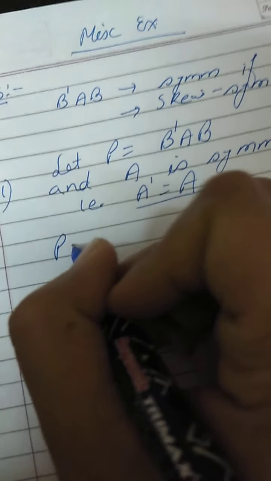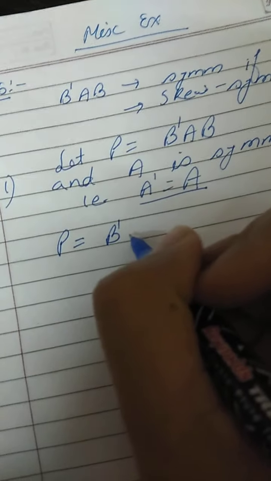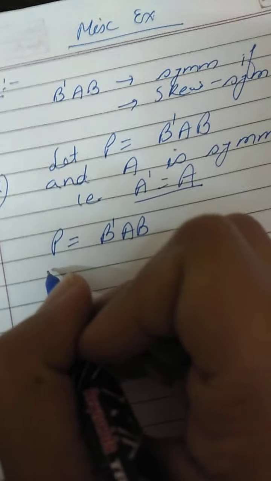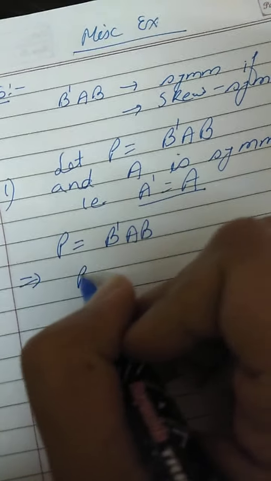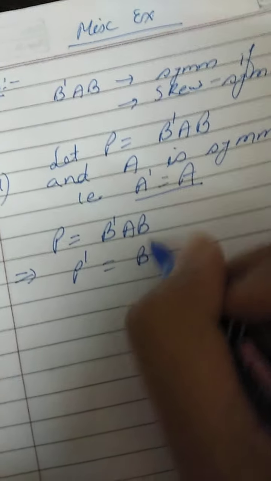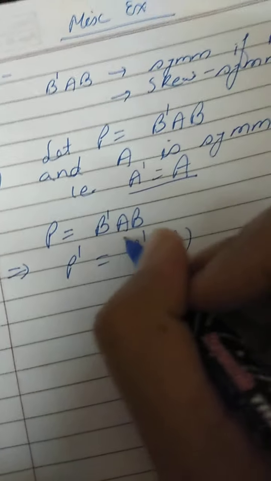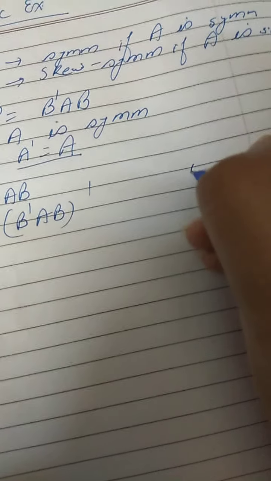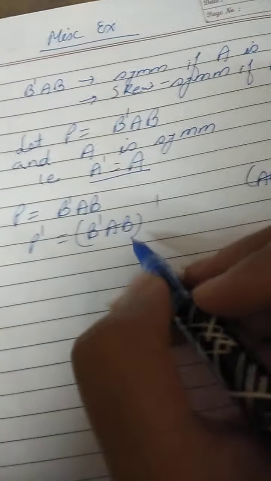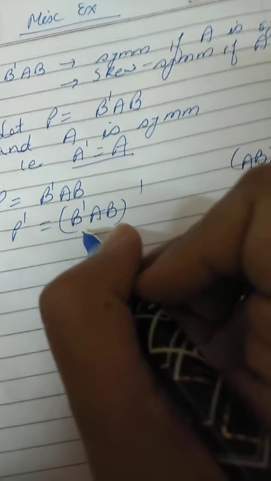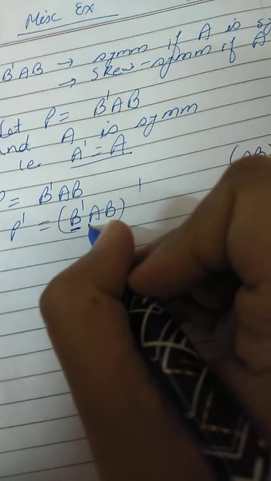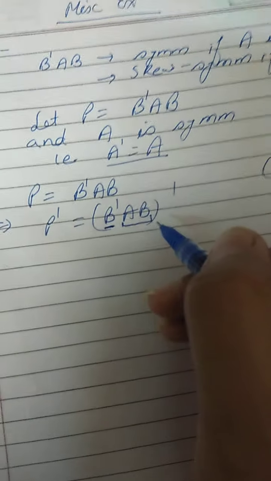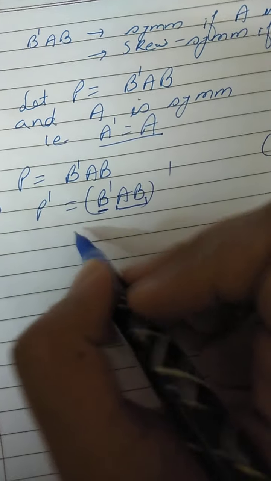So we will start with P. P is B dash AB. We will take transpose on both sides, so it will be P transpose equals to B dash AB whole transpose. Now if you remember, we have the result AB whole transpose is equal to B transpose A transpose. Here we have product of three terms. We will take this as 1 and these two we will combine as 1, right?